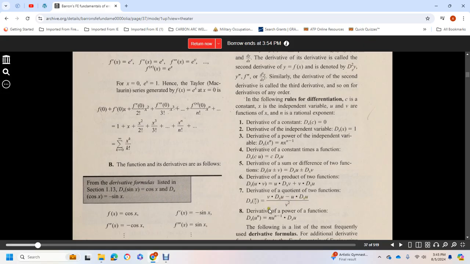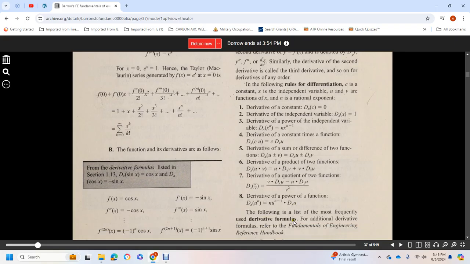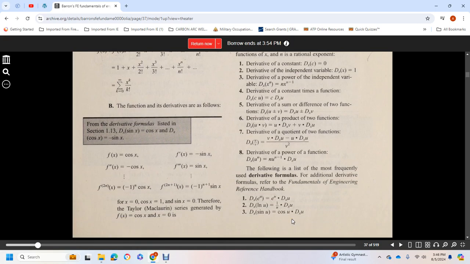And the derivative of a power of a function, d/dx of u to the n, is n times u to the n minus 1 times d/dx of u. The following is a list of the most frequently used derivative formulas.